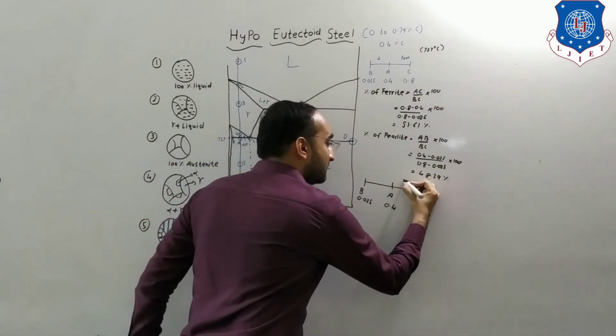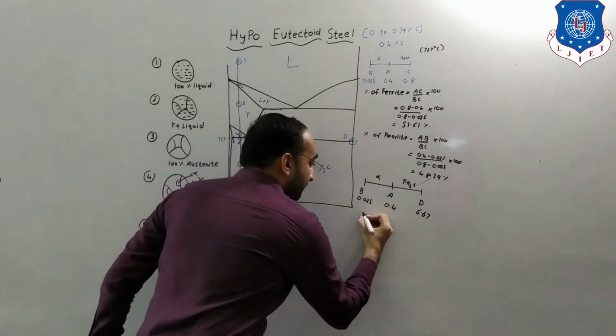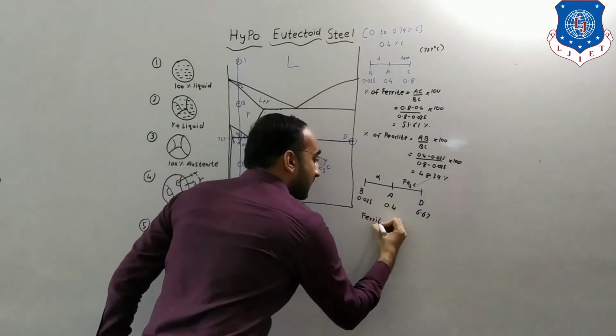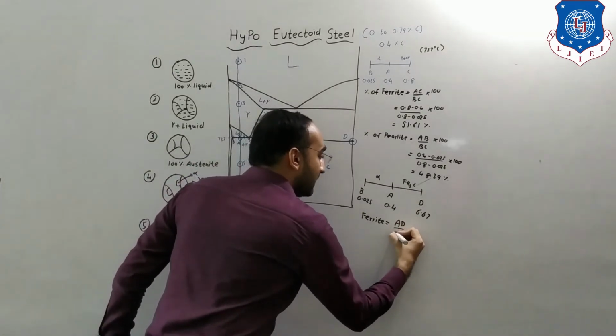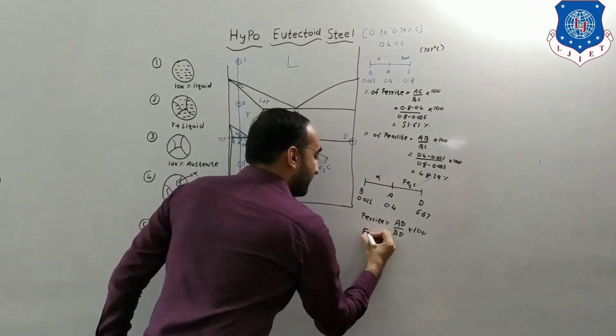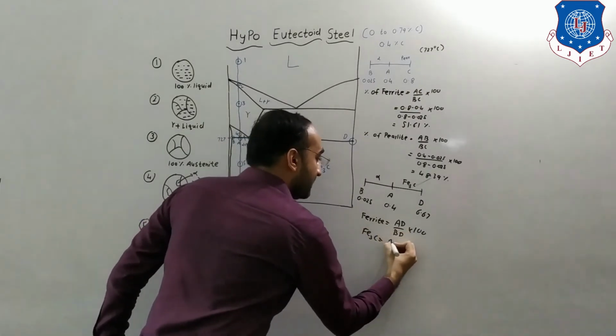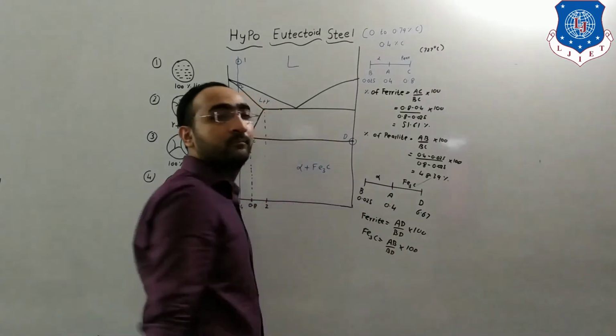So cementite is over here, alpha is over here. For ferrite, it will be AD by BD multiplied by 100, and for Fe3C cementite, it will be AB upon BD multiplied by 100.